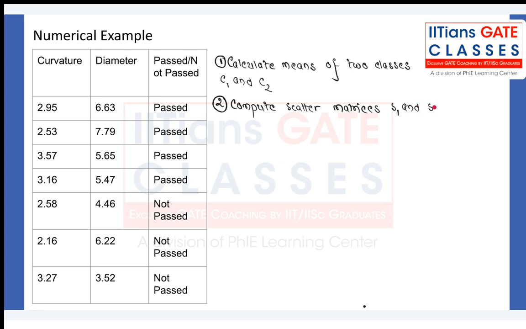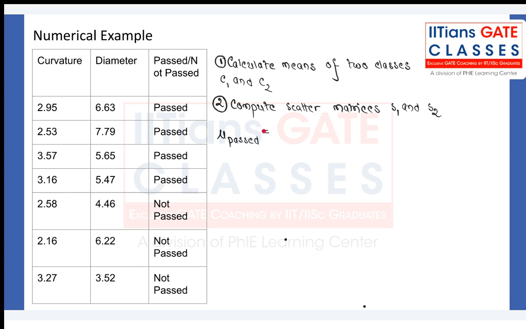Scatter matrix meaning both within class and between class. And then typically the next step, once you get the eigenvalue, you get a function, that is a discriminant function, and then you classify the new point based on the data point.